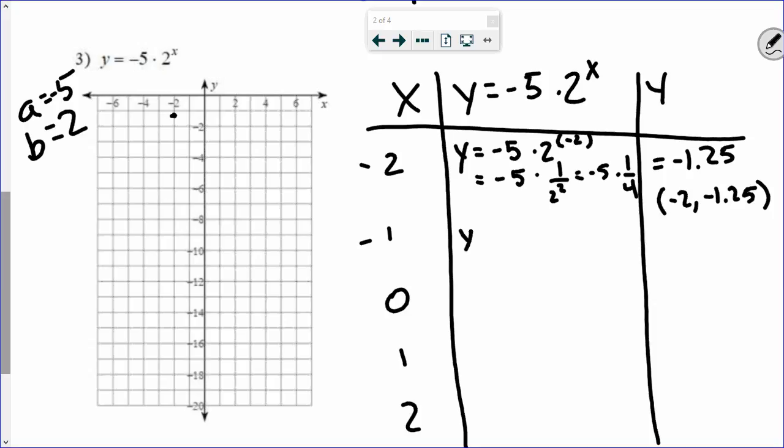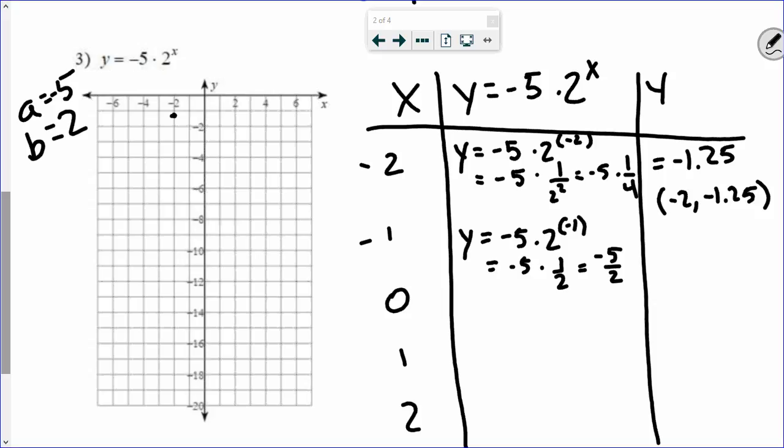All right. So if you're back with me here, -1 first, -5 times 1/2, -5/2, or in your calculator. Well, let's stick with the same format here.